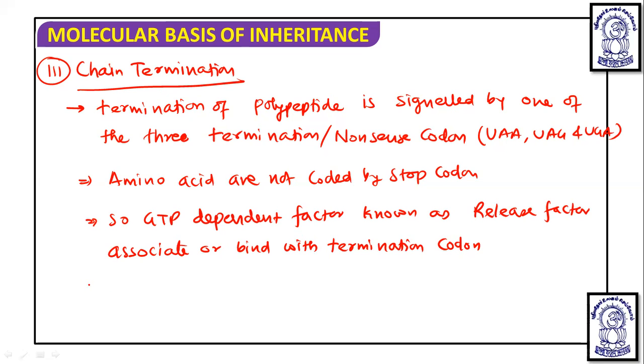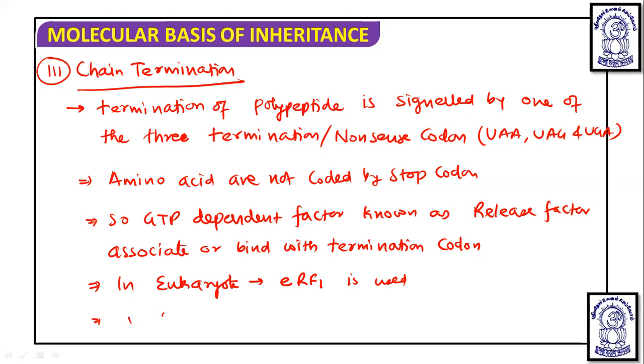Now we remember in eukaryotes, only one release factor is used.